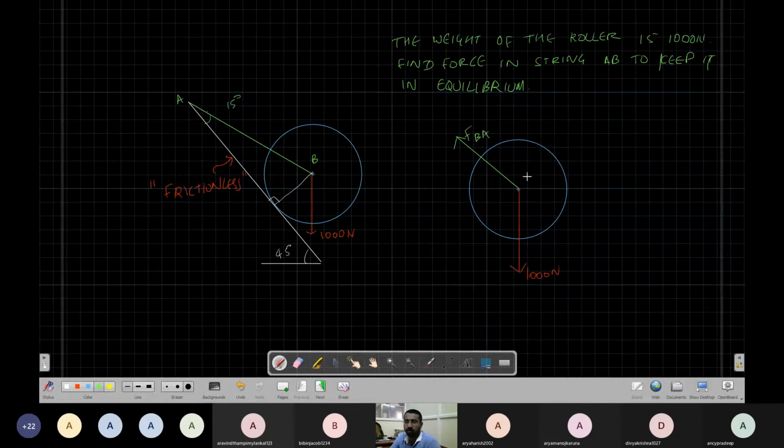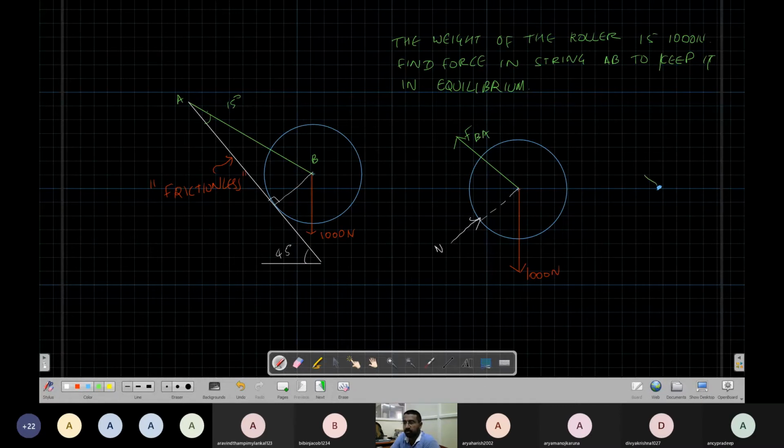Now what other forces do I have? There is a normal force in this direction, and a normal force in this direction. If I idealize this body as a point, what all do I have?